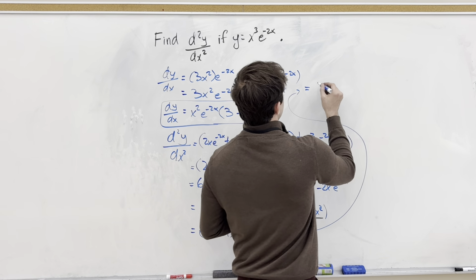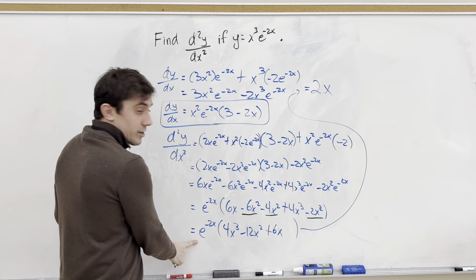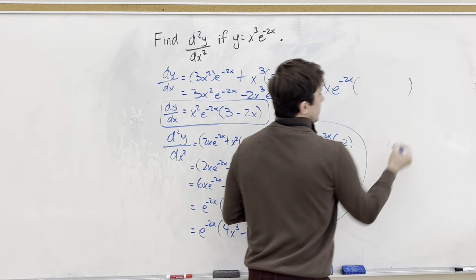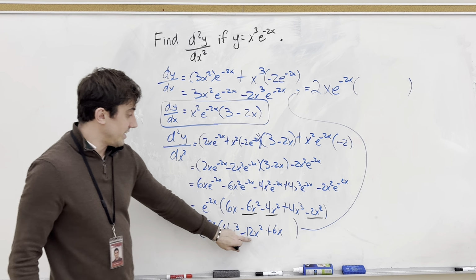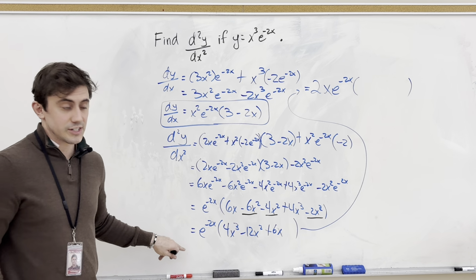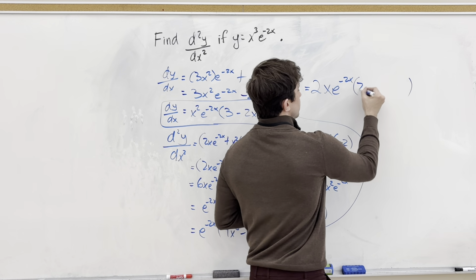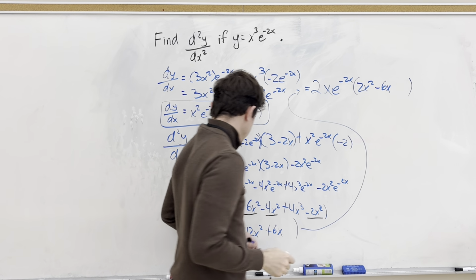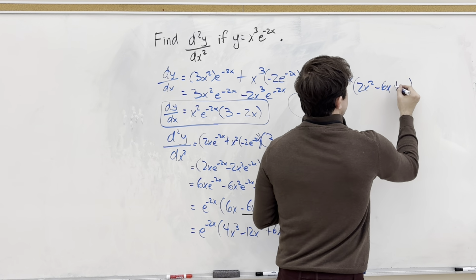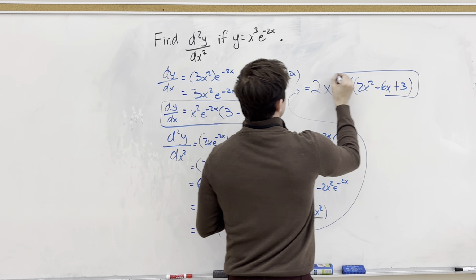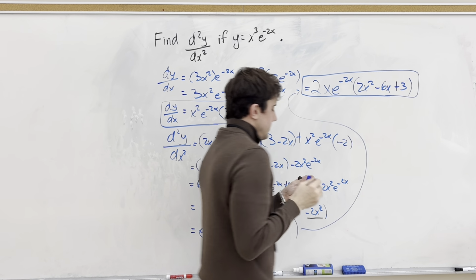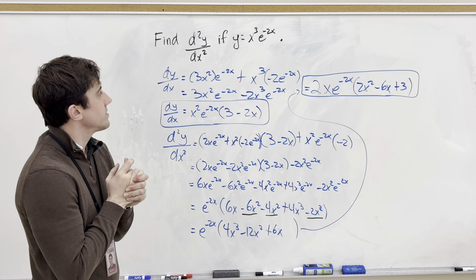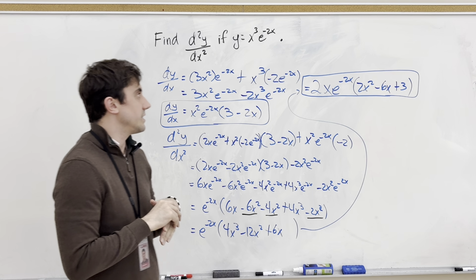And so we'll have 2x, again, at the very front, factored out, times e to the negative 2x times dividing each of these terms now by the 2x that we factored out. This will become 2x squared minus 6x and plus 3. And here is our simplified expression for the second derivative of y with respect to x, if y is x cubed times e to the negative 2x.